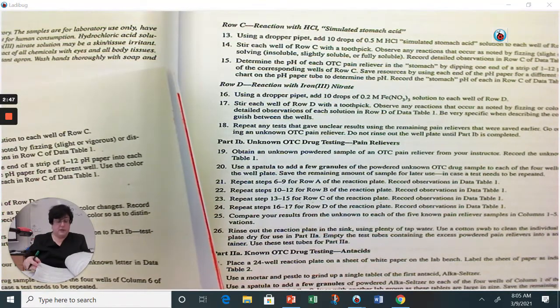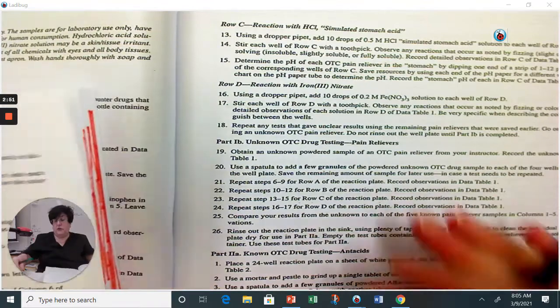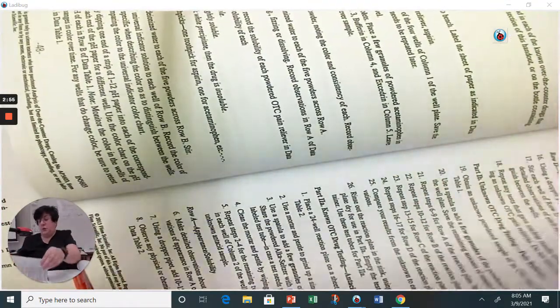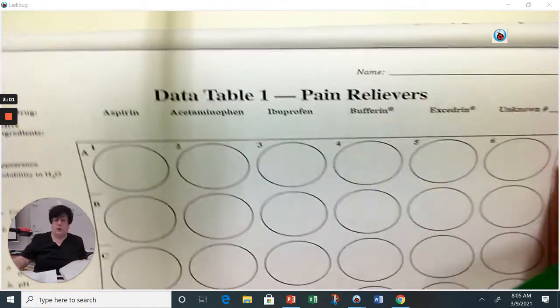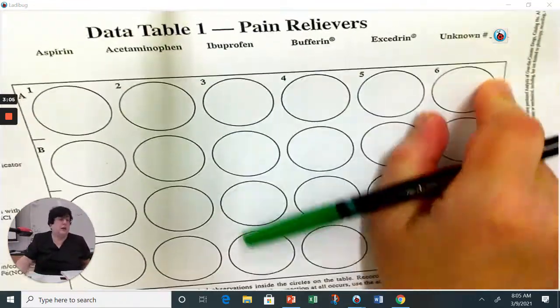We are going to be recording data on pages 51 and 52. I'm going to open this book up to 51 because this is part 1, so we're going to focus on 51. On page 51, we are going to analyze these different pain medications.